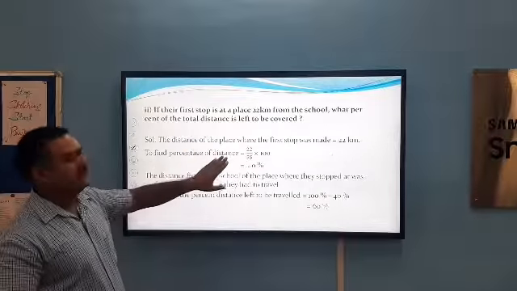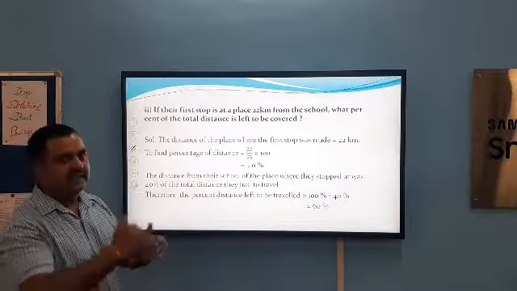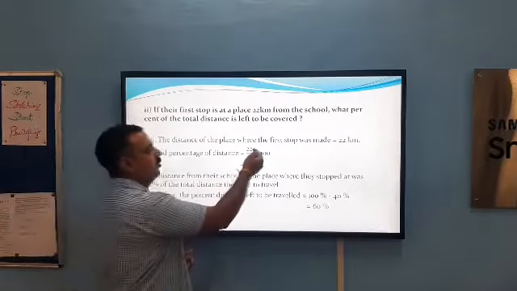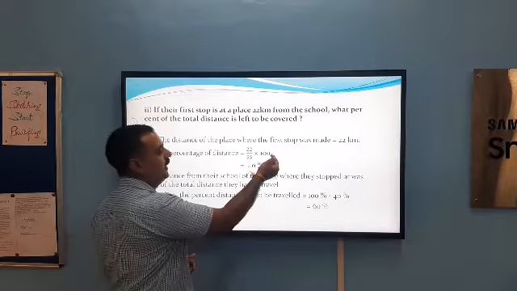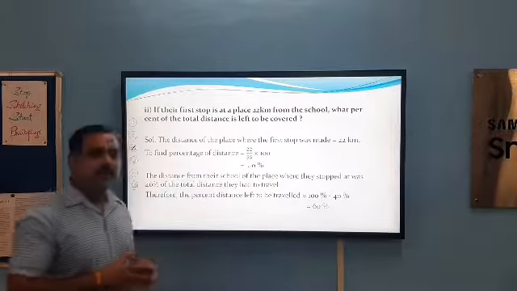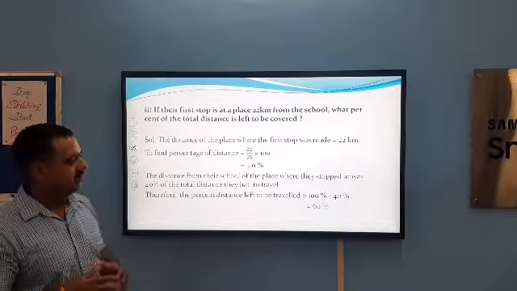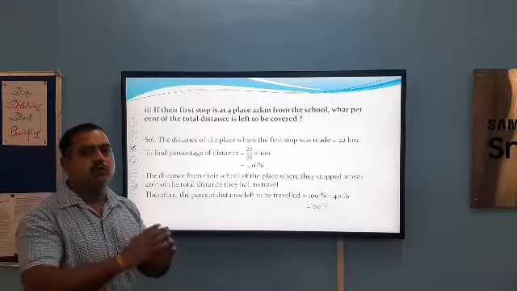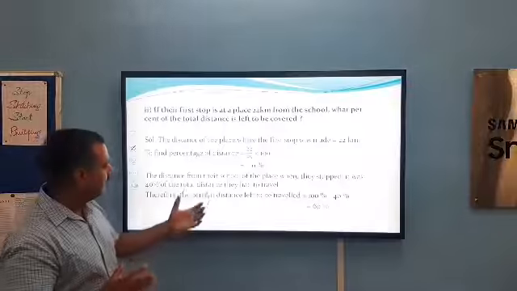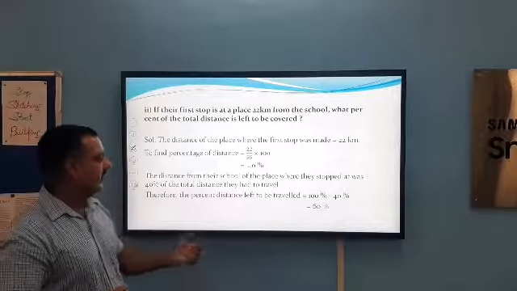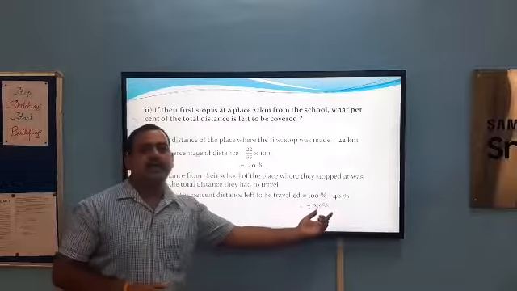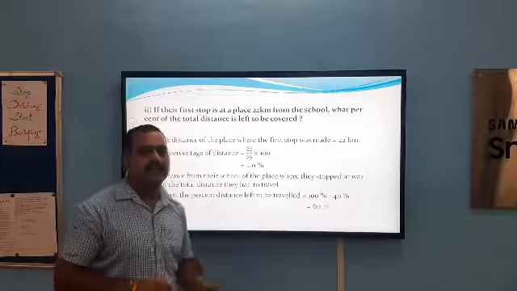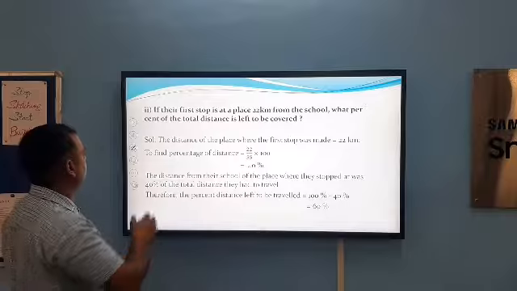The percentage of distance covered is 22 upon the total distance, 55 kilometers, into 100, which becomes 40%. So they covered 40% out of 100%. After subtracting, the percentage distance left to be traveled is 100% minus 40%, that is 60%.